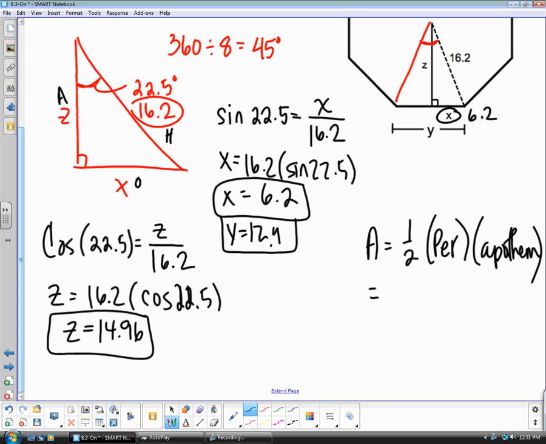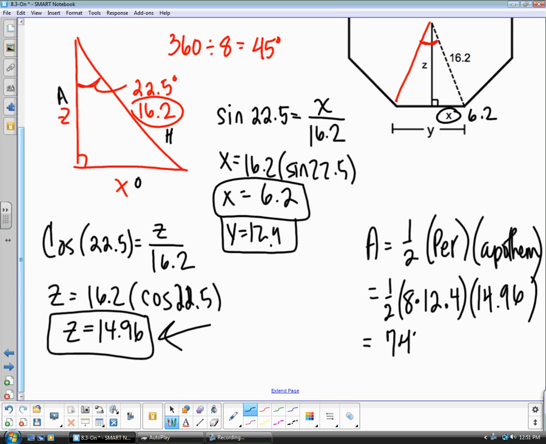So we're going to take 1/2, 8 times your 12.4, and then we just found the apothem. The apothem is your z value, and you're going to multiply that by 14.96. If you do that on your calculator, you are going to come out with somewhere close to 742.02 units squared.